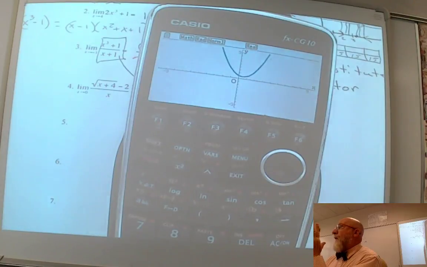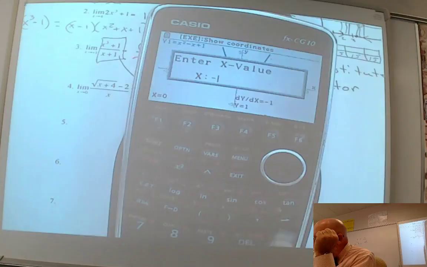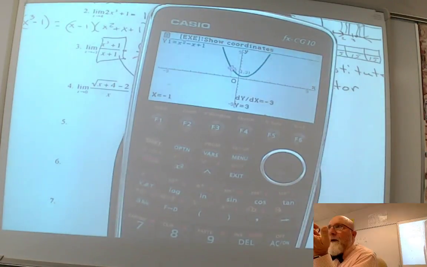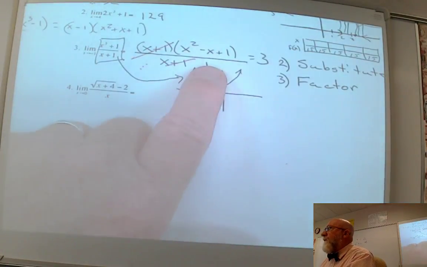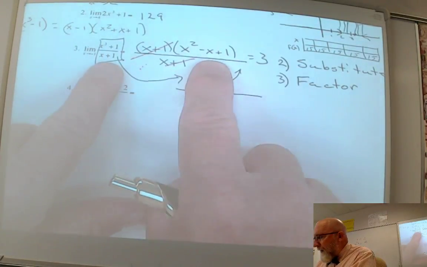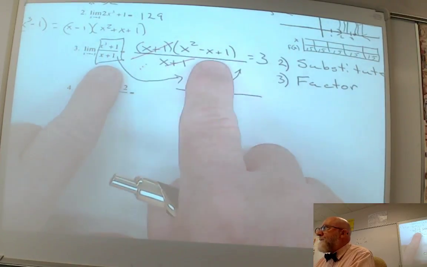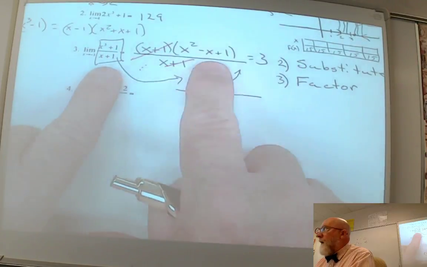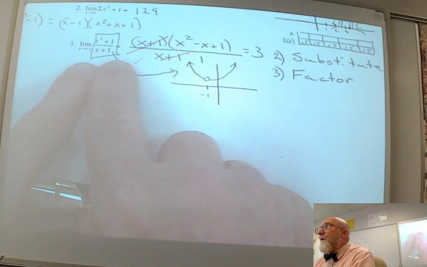They're the same graph, except when I trace here and type in -1, I get 3, don't I? Because I have eliminated that division by 0. These two functions are identical except at -1. Because -1 is not part of the domain here.